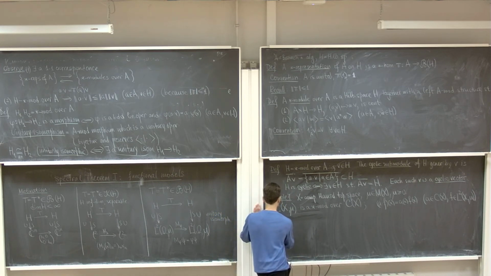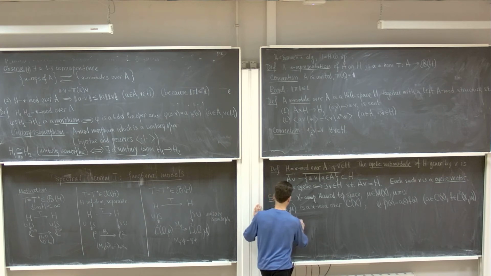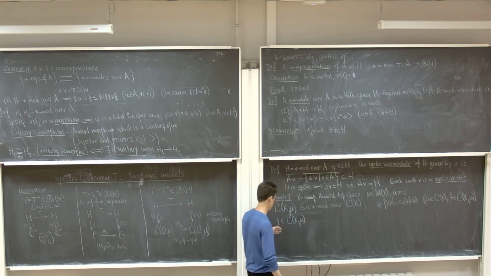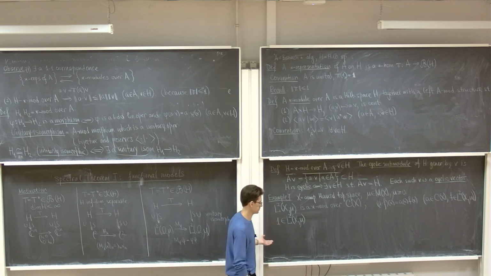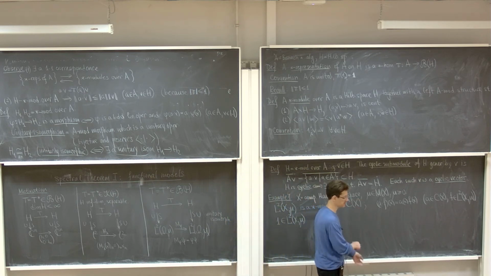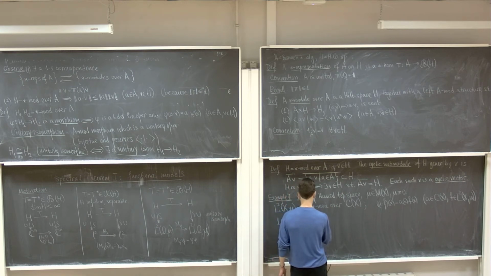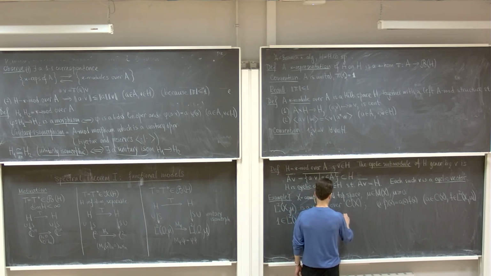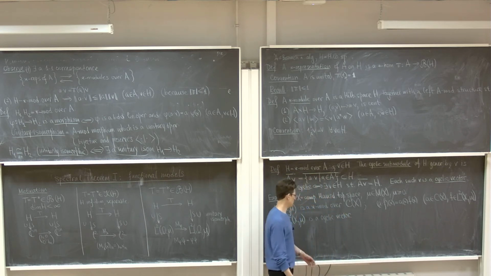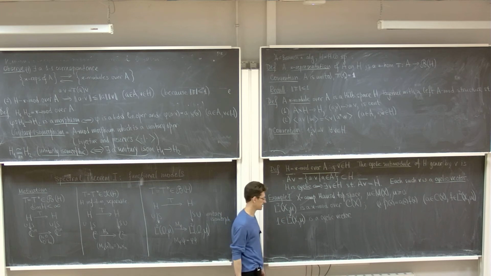Namely, if we take the function which is identically 1, and consider this function as an element of the L2 space, well, it is indeed in the L2 space because our measure is assumed to be finite, then this is a cyclic vector. So we see that this is a cyclic module.